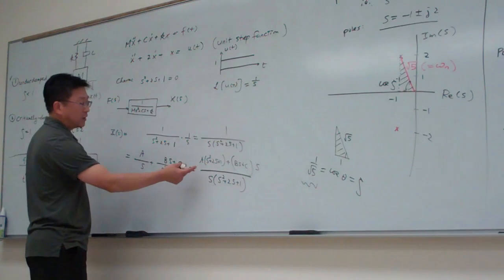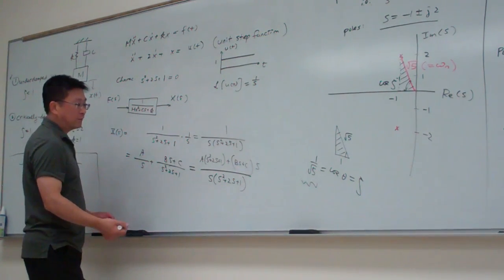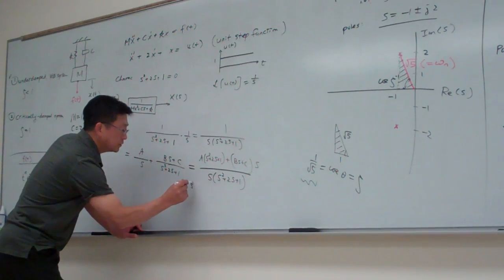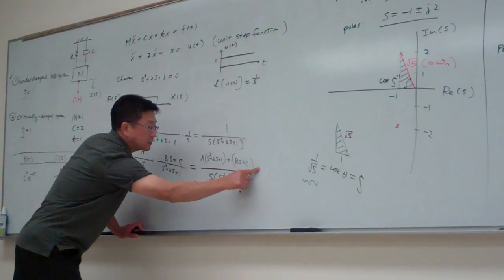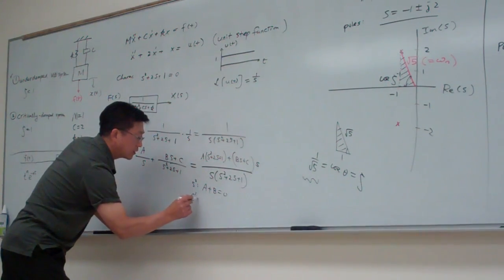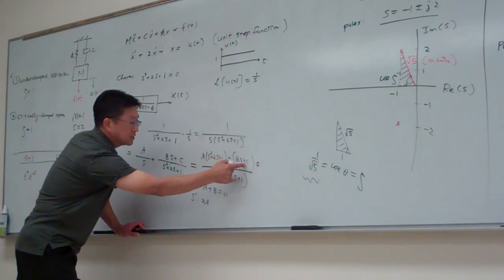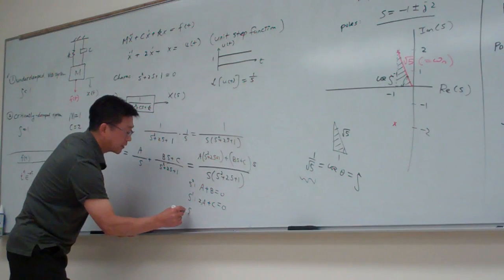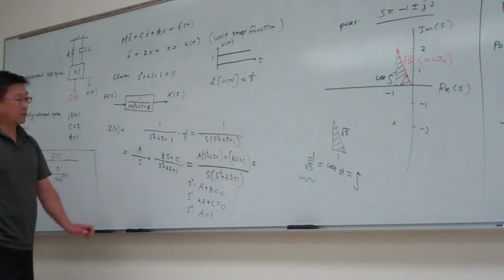So from here we compare: the s squared term is A plus B equal to 0, the s one term is 2A plus C equal to 0, and then the s0 term is only A equal to 1. Will I be right?